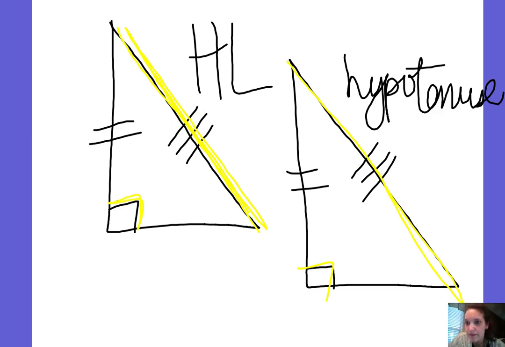And the reason is, you probably don't remember this, but from Algebra 1, we learned the Pythagorean theorem, a squared plus b squared equals c squared. If you know two sides of a right triangle, you can find the third side by using the Pythagorean theorem. So if you know one pair of legs and the hypotenuses are congruent, that's enough to say that the triangles are congruent.